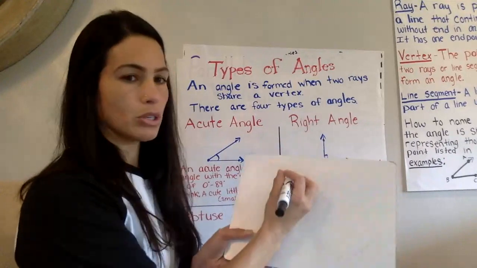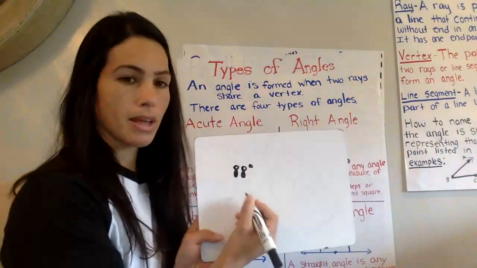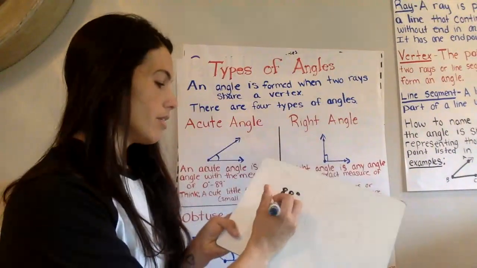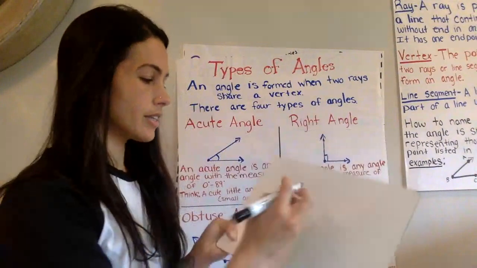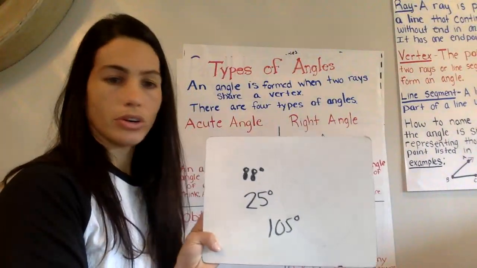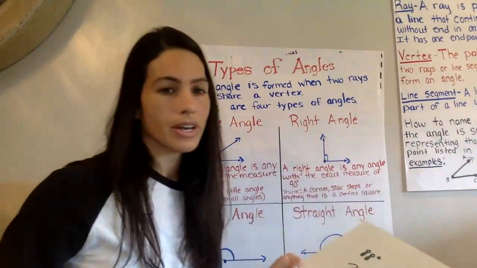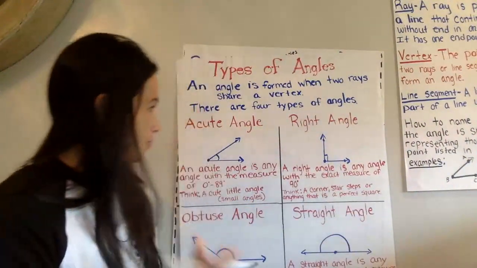I think it was actually for obtuse, but that question would be, so if you saw like 88 degrees, would that be an acute angle? Yes. If you saw 25 degrees, would that be an acute angle? Yes. If you saw 105 degrees, would that be an acute angle? No, because it's not between 0 and 89 degrees. So that was the first type of angle.